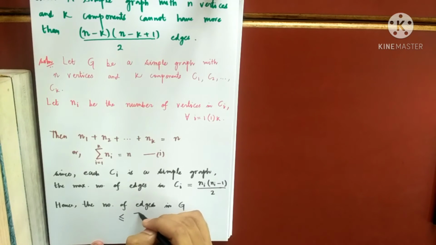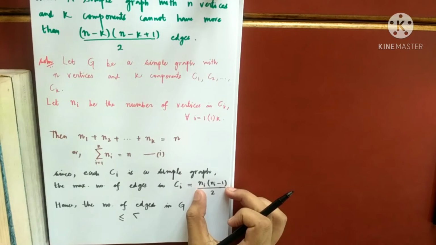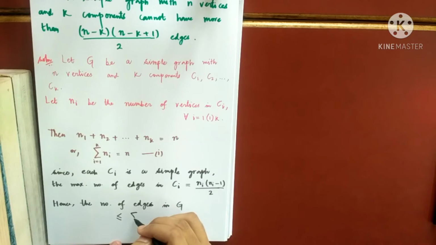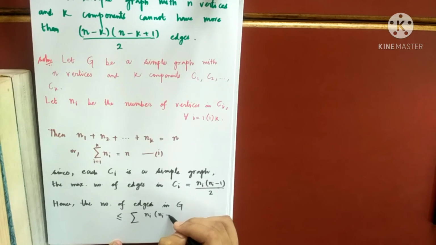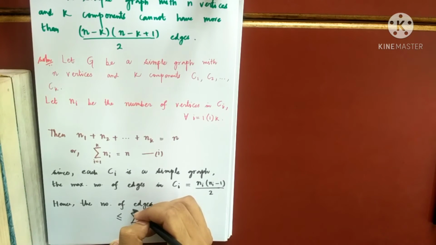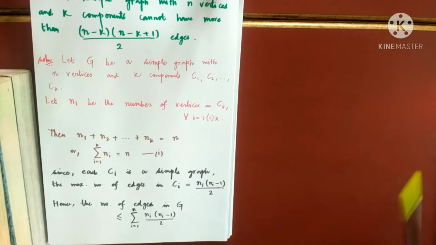That means each component can have a maximum of this, so G can have a maximum of this, with i running from 1 up to k. Clear? Very obvious, because I am summing the number of edges in each component. That is the maximum number of edges in G, because G is composed of these many components.